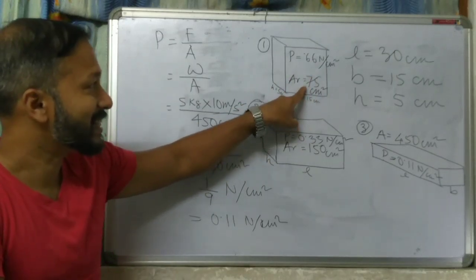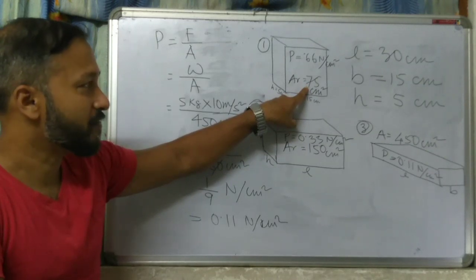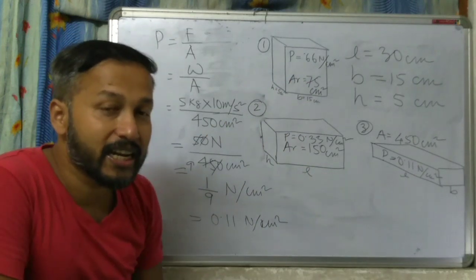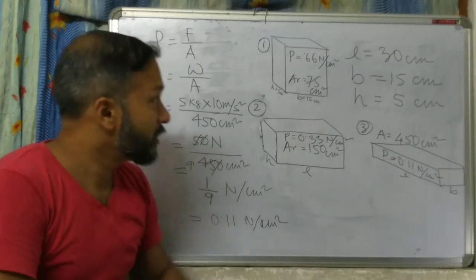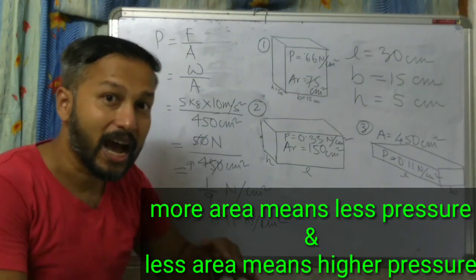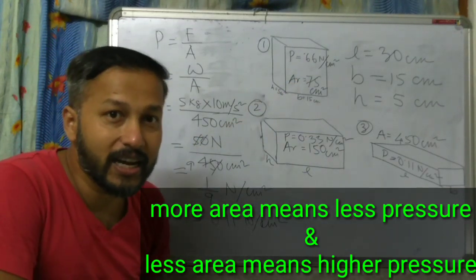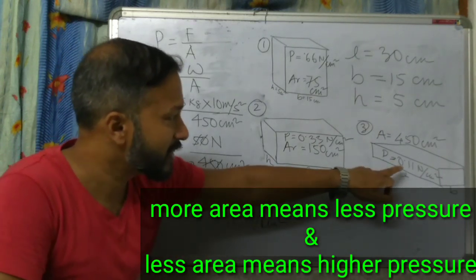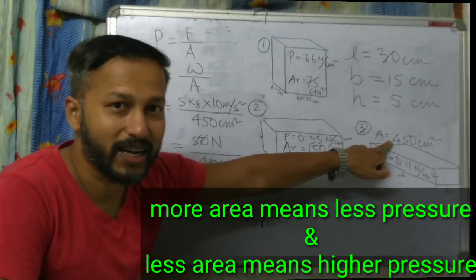Because the area is less. Pressure 0.66, area is 75. In the first case, the lowest area is in touch. The smallest area means highest pressure. The least pressure is in the third case because the area is maximum, 450.